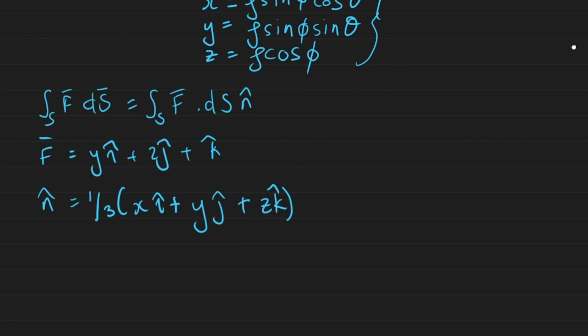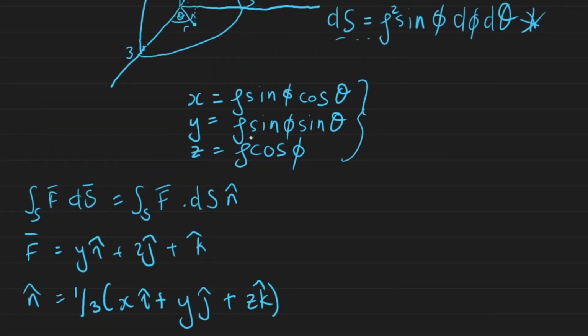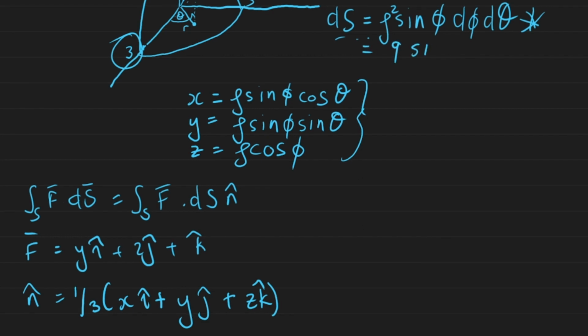The differential area element ds was also determined. Just remember that rho squared, so rho was 3 because it's the radius of the sphere. We can substitute that in. So that's just 9 times sine phi times d phi times d theta.